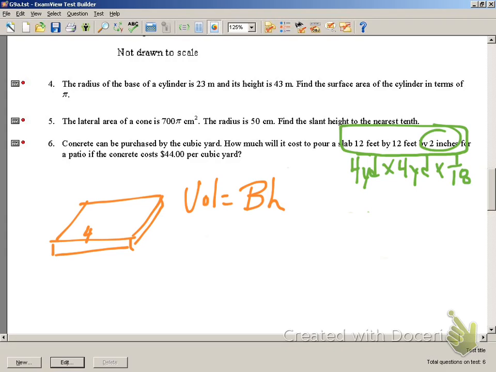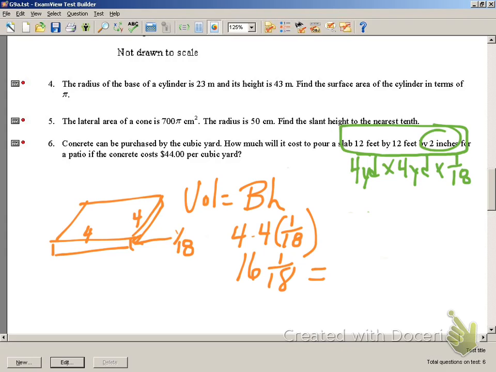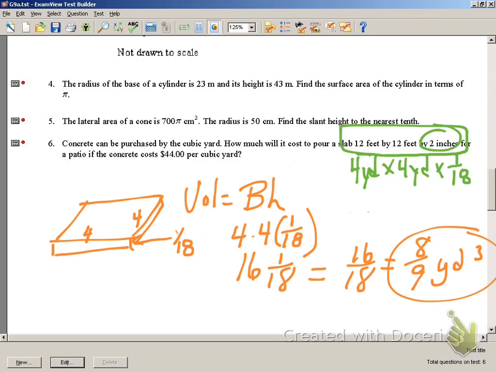And so if it's 4 by 4 by 1/18, we will say 4 times 4 times 1/18. So 16 times 1/18 equals 16 over 18, which reduces to 8/9 cubic yards. But have we answered the question?